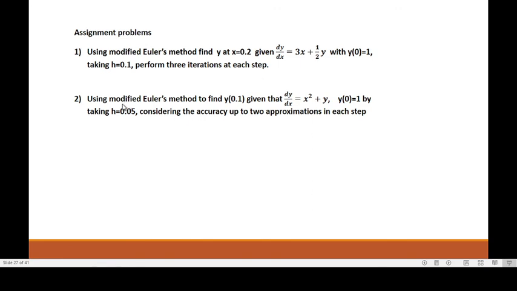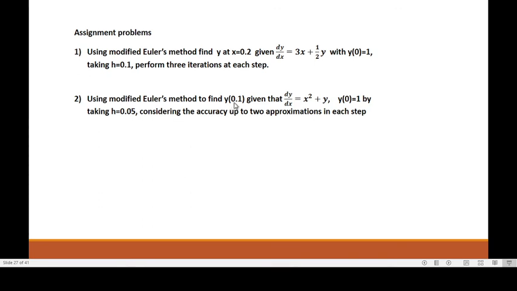Okay. So using modified Euler's method, find y of 0.1, given that dy by dx is equal to x square plus y, with y of 0 is equal to 1. So that is x naught is 0, y naught is 1. Here also x1 is equal to x naught plus h, that is 0 plus 0.05. You will get x1 is equal to 0.05.